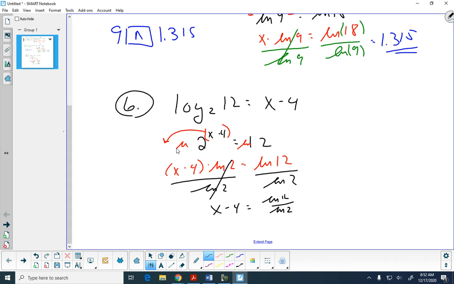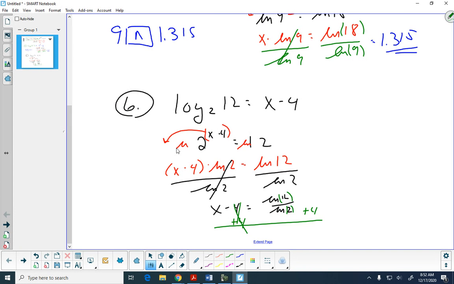So Preston, what are we going to have to do to both sides to get rid of that subtraction by 4? Do you add the 4? Add 4? Yeah. So we add 4, so we have ln of 12 divided by ln of 2.